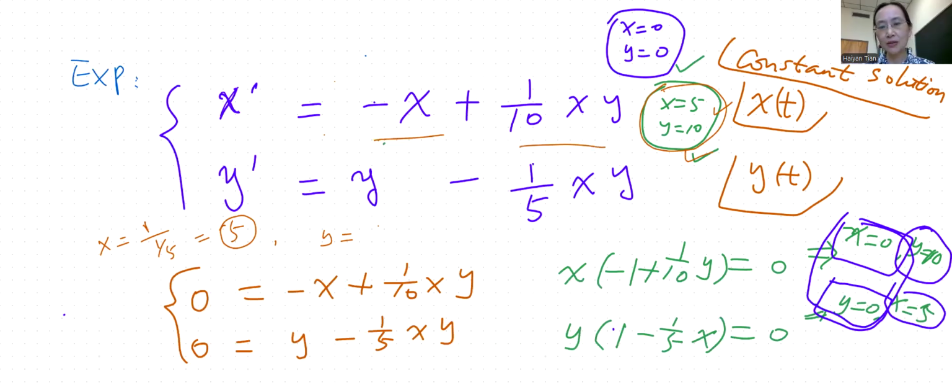T is not explicitly showing on the right hand side. Of course, X and Y both depend on T, but there's not a T variable, right?